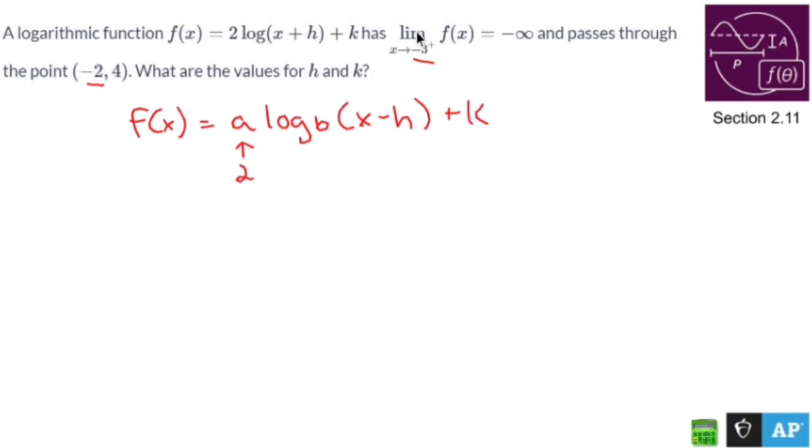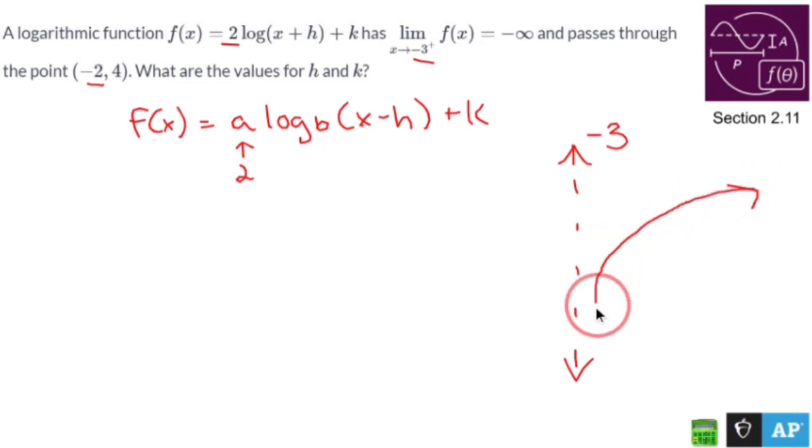Okay, if the limit as x approaches negative 3 from the right is negative infinity, and this guy is positive, that tells me when graphed, I'm going to have a vertical asymptote at negative 3 because this picture is going to go like that.